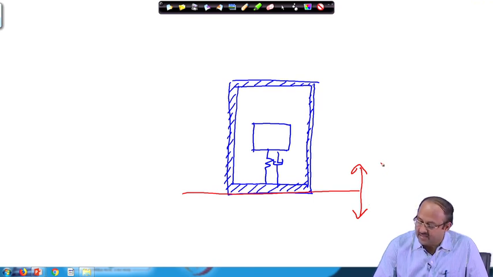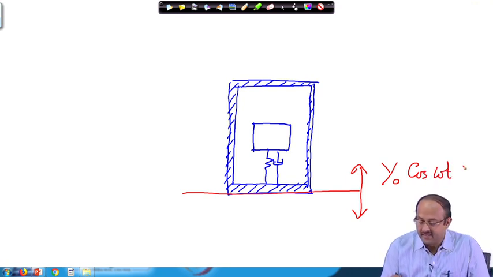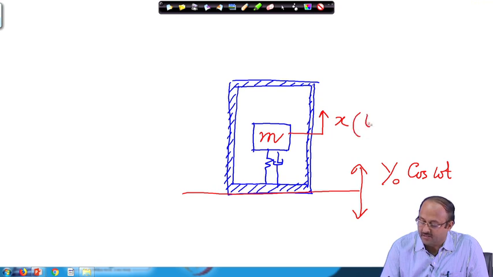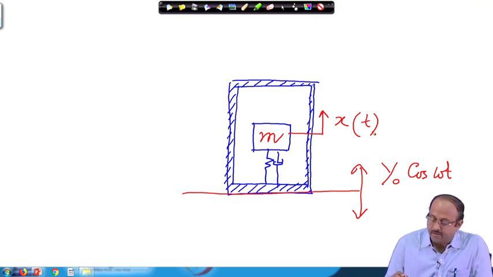Let us consider this excitation to be the simplest excitation, that is harmonic excitation, and as a result of that, this mass m will have some relative motion with respect to the box. So, this will have a movement x, which will be a function of time, and it will move back and forth. So, there will be vibration in the mass.